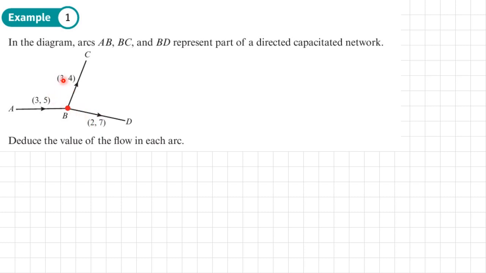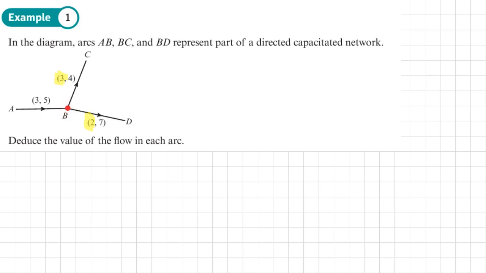Let's start by looking at the minimum flows that flow out of the node, and I have 3 as a minimum there and 2 as a minimum there, so I cannot go below a flow of 3 in arc BC or below a flow of 2 in arc BD. So I need to have flowing into this node here at least 5.